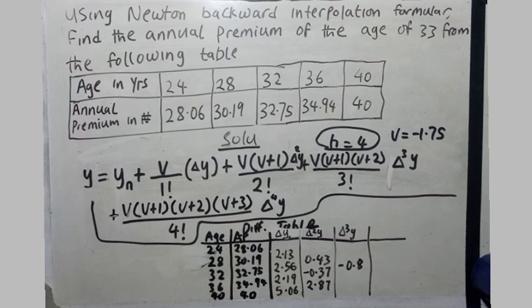2.87, we subtract it from minus, which is definitely going to give us what? Plus. So minus 0.37 is plus 0.37, and we have our answer to be 3.24.